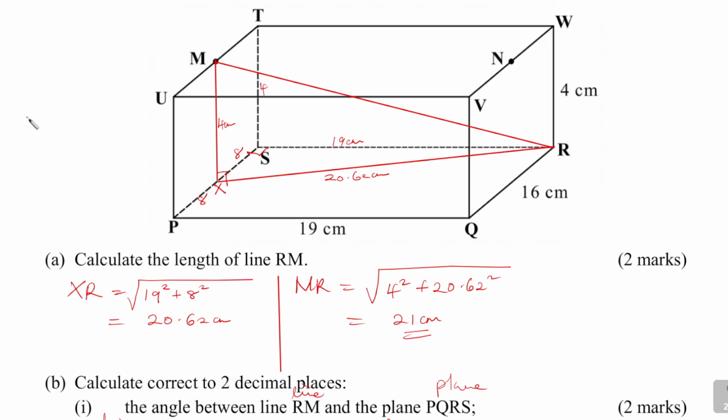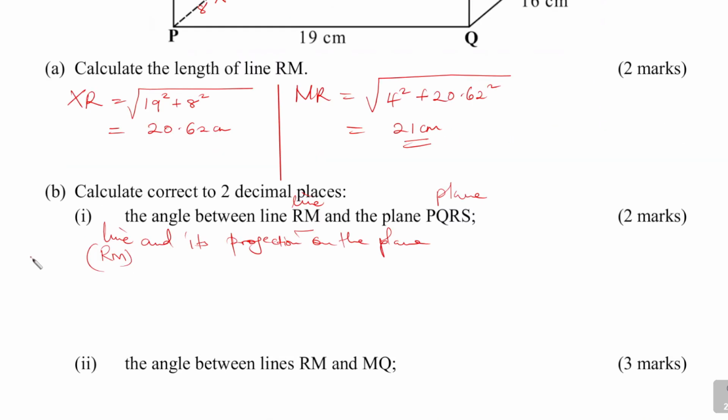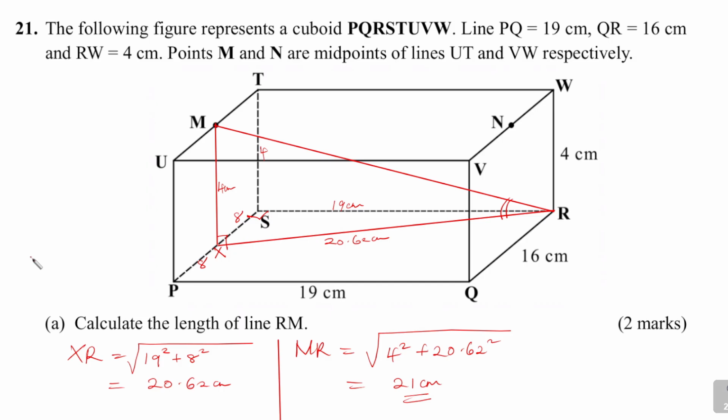So the angle between this line RM and the projection is this particular angle that is here. So this is the angle that we need to calculate. So we shall use the right angle triangle that we have there. So look at that right angle triangle MXR.